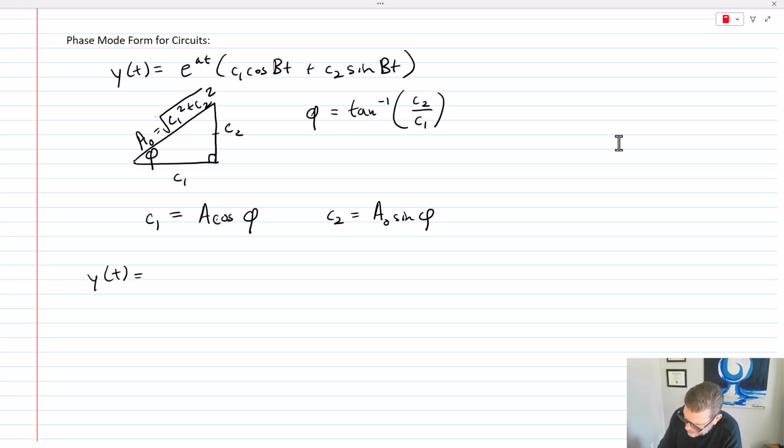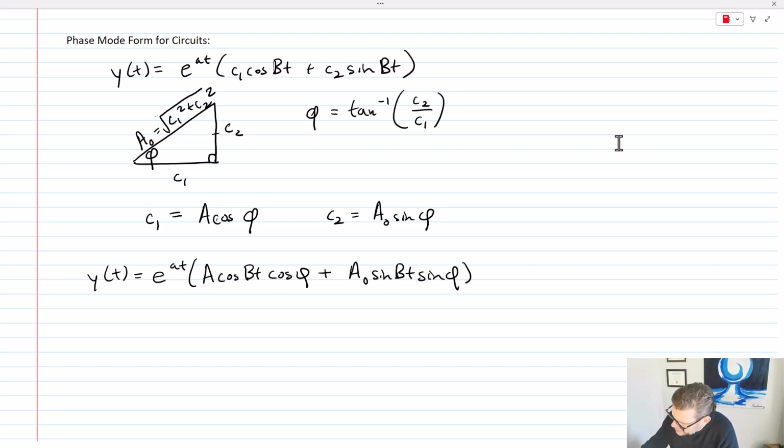So we get y of t equals e to the at times A cosine bt cosine phi plus A naught sine bt sine phi.